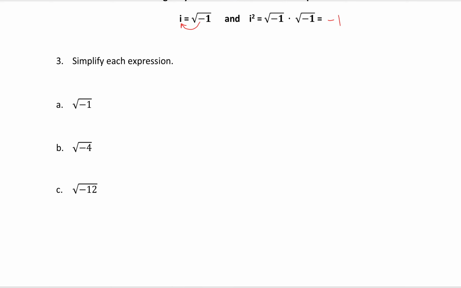So A, again, I want to get rid of that negative, so I pop out the i, and I'm left with the square root of 1. I take the square root, and I get a plus or minus i as my answer.